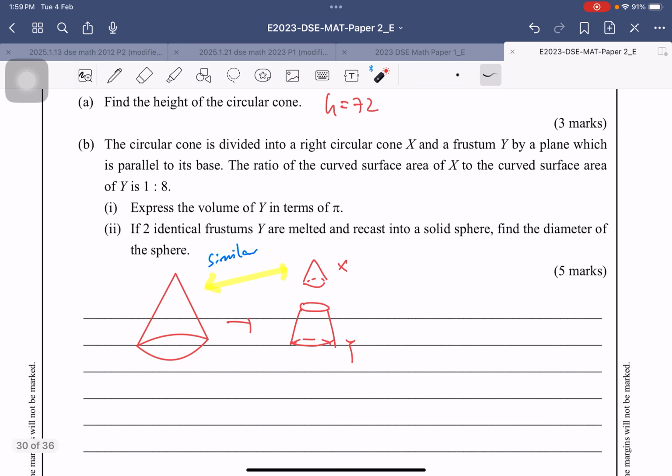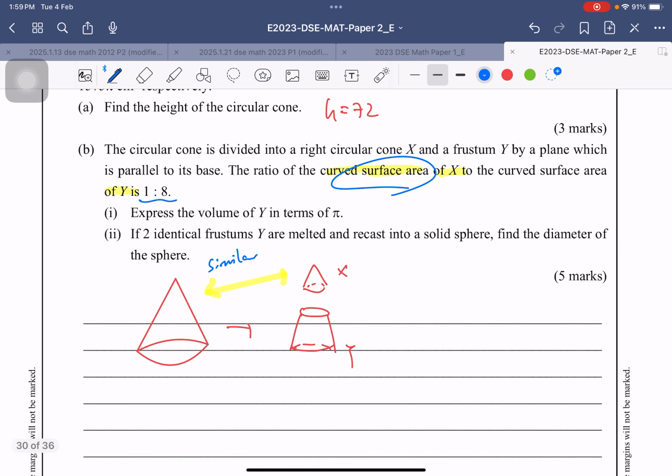So now you have the ratio of the curved surface area X to Y. The curved surface area is the area, not the volume, okay? The ratio is 1 to 8, which means the area of X is equal to 1 and the area of Y is equal to 8. Then the total area of the big cone is equal to 9.